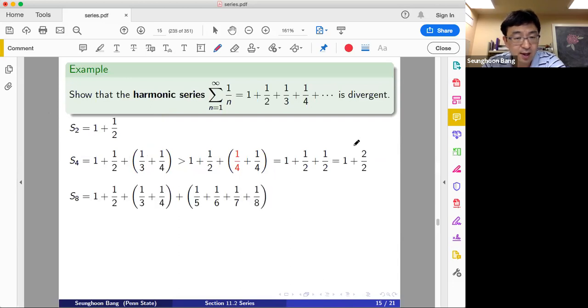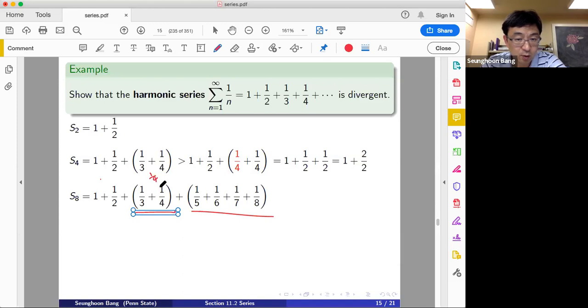The next one is S8. S8 adds the first 8 terms: 1 plus 1 over 2 plus 1 over 3 plus 1 over 4 plus 1 over 5, 1 over 6, 1 over 7, 1 over 8. You have two groupings like this. Similarly, only replace 1/3 by 1 over 4.